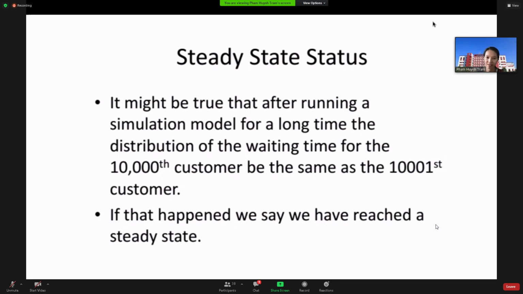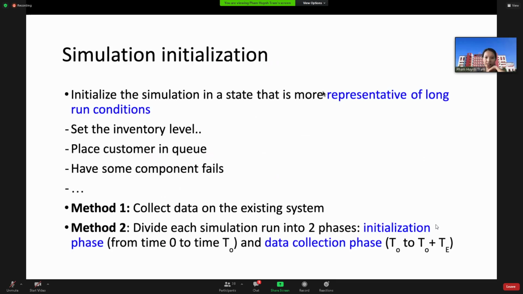Okay, we will answer this one. All right, so we look at how we set up our simulation. Well, actually we have two main ways to do this.